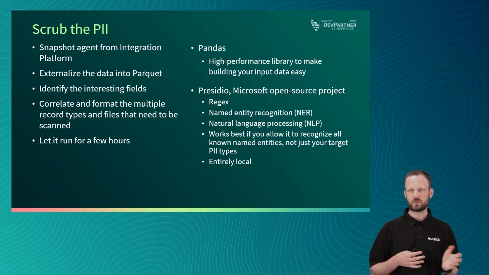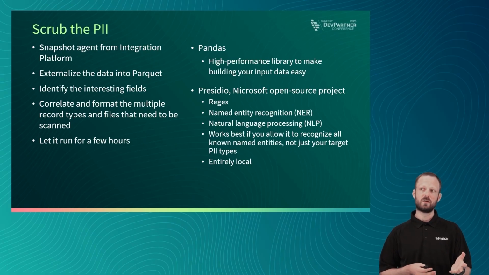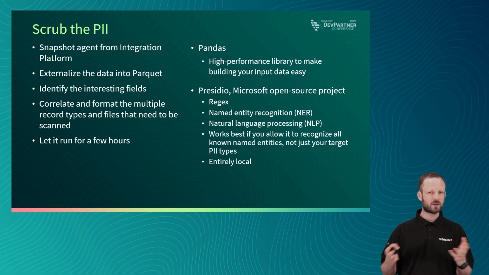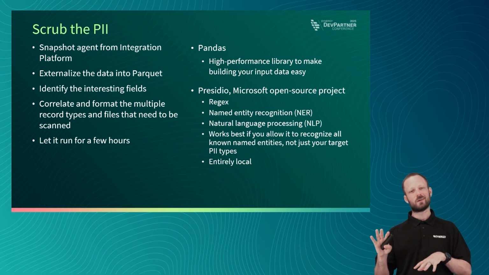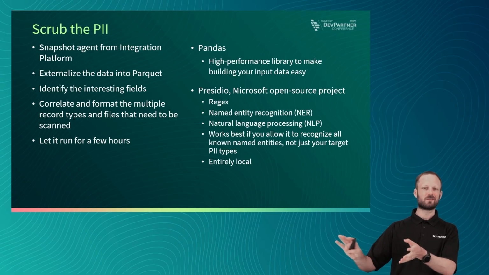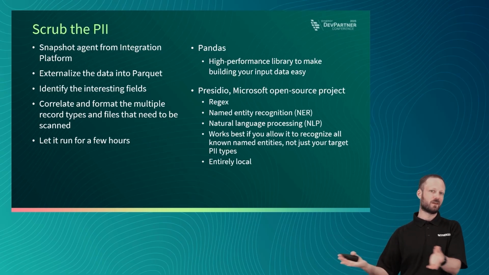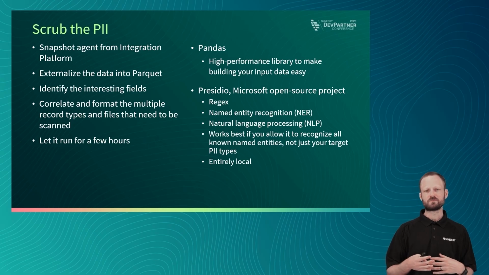If you let it recognize everything, as an example, it won't incorrectly think that a phone number is an Australian social security number because they look similar. If it's not recognizing the entity type, then the model just thinks, well, the nearest match for this is, I think, this kind of PII. So let it recognize all the entities that it's capable of, and you'll get much better accuracy out of it.